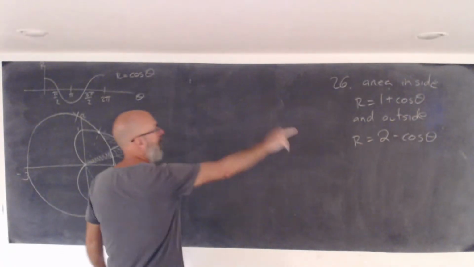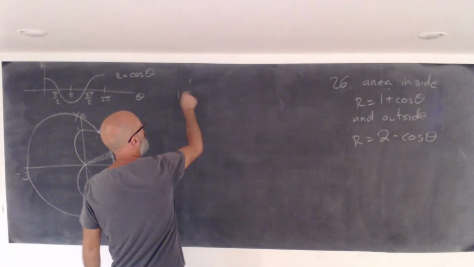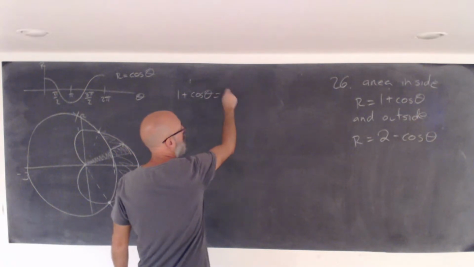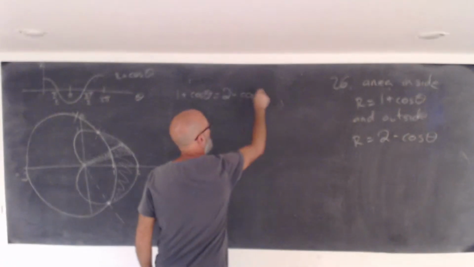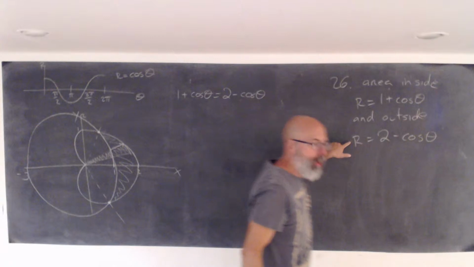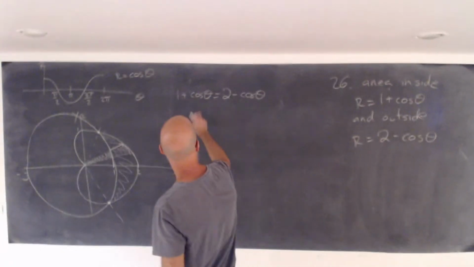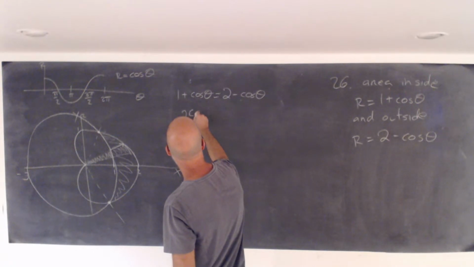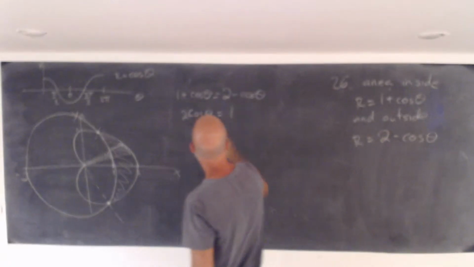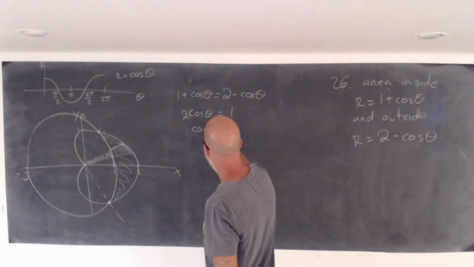1 plus cosine theta is equal to 2 minus cos theta, r is equal to r. And bring this over to the other side: 2 cos theta equals 1, so cosine is equal to 1/2, very nice.